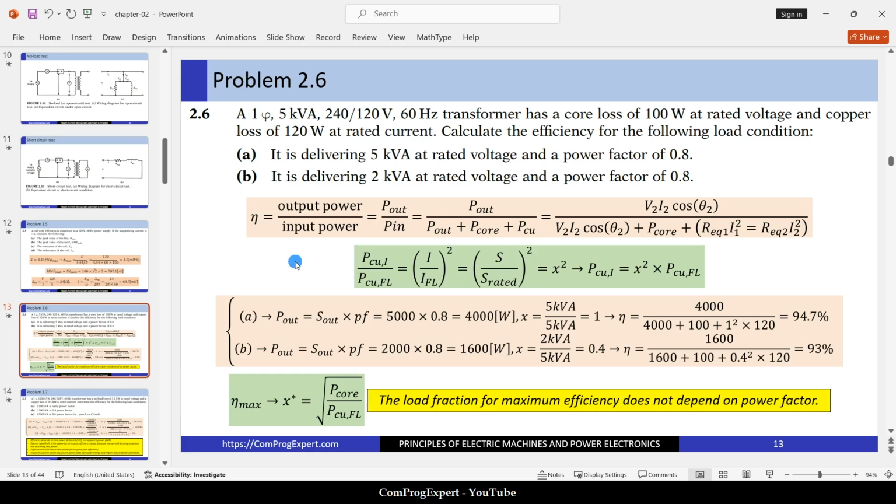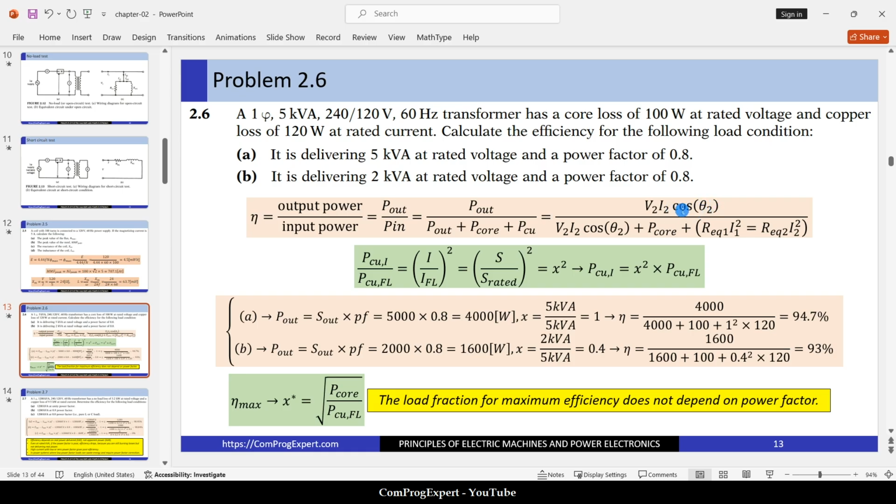So what was the definition of the efficiency for a transformer? The efficiency of a transformer is defined as follows: the output power divided by the input power, the real power, right? Not reactive or kilovolt ampere, volt ampere. So the output power is equal to V2 I2 times cosine of theta 2.